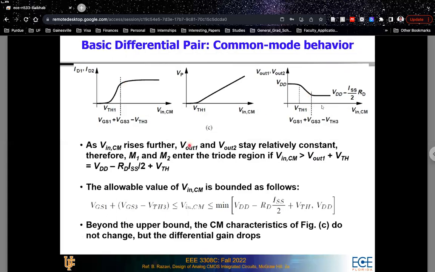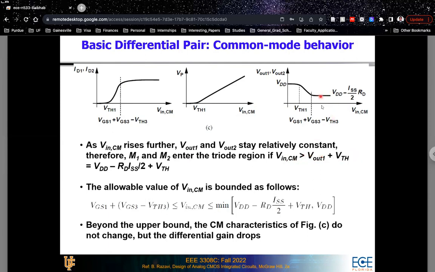Okay. So now as Vin,CM rises further, Vout1 and Vout2 will stay relatively constant. But eventually, M1 and M2 will enter the triode region. As you keep on increasing Vin,CM further and further, at some point, Vin,CM will become larger than Vout1 plus VTH.